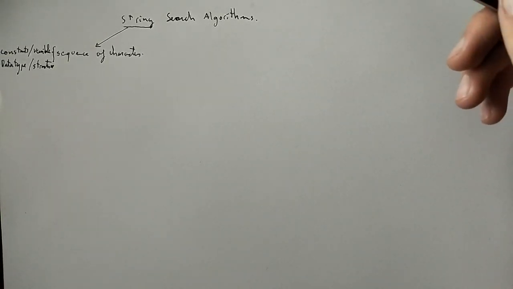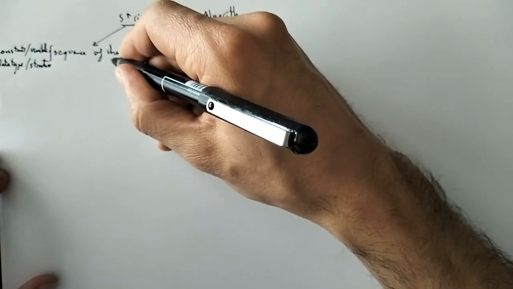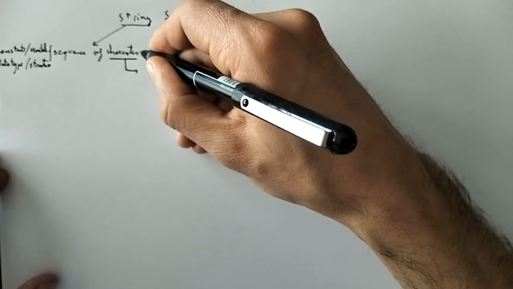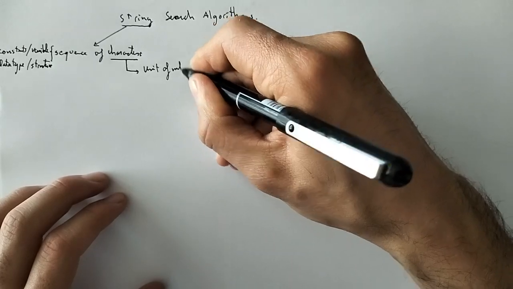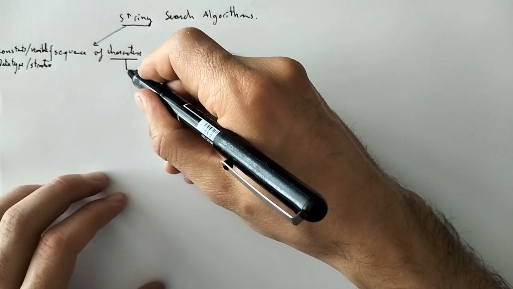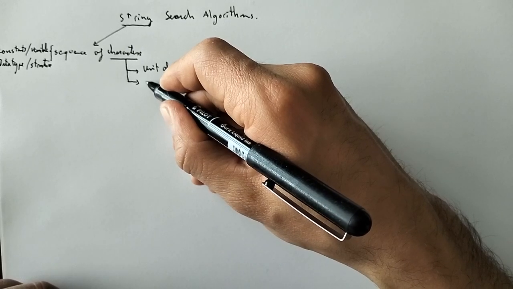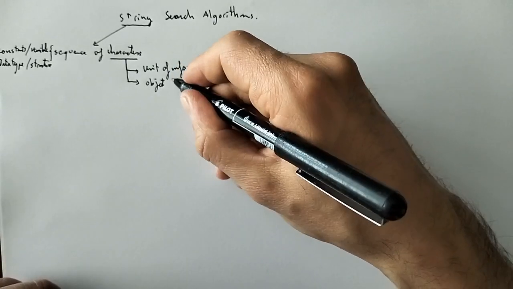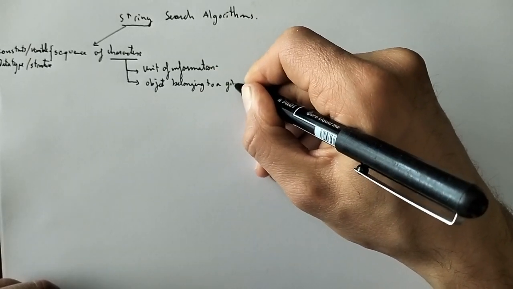Now let's try to define with more details what is a sequence of characters. In order to define a sequence of characters, we need to define what is a character. A character will be a unit of information. And the mathematical way to define this will be to say that a character will be an object belonging to a given alphabet.